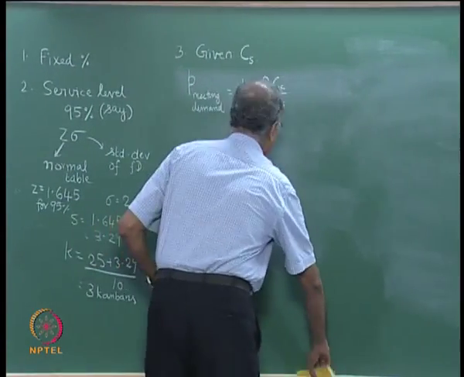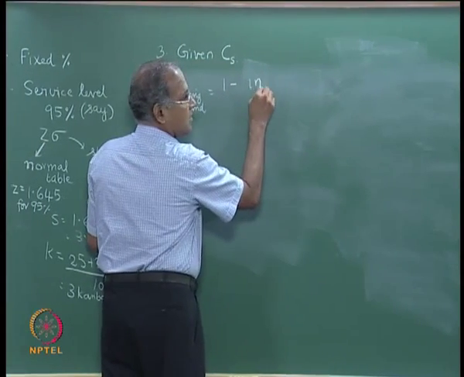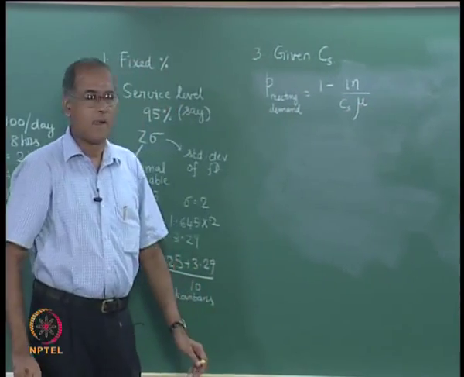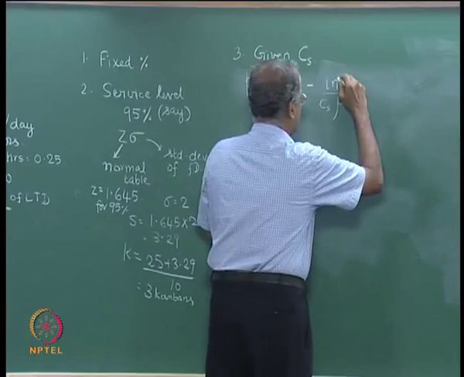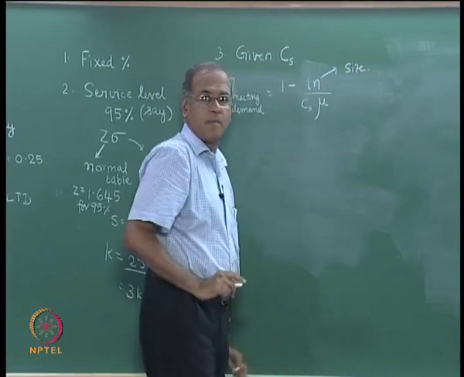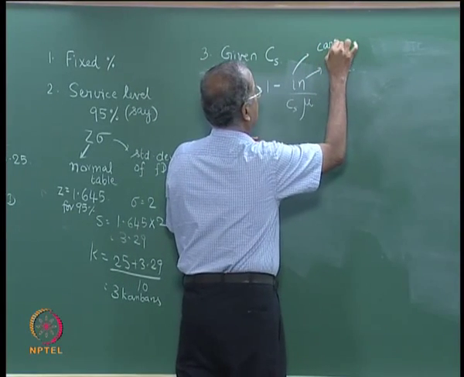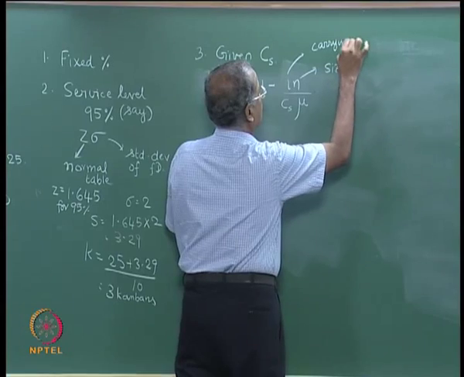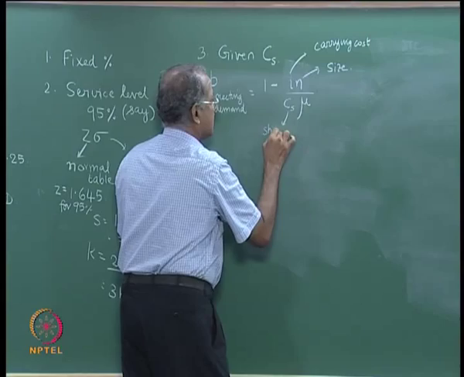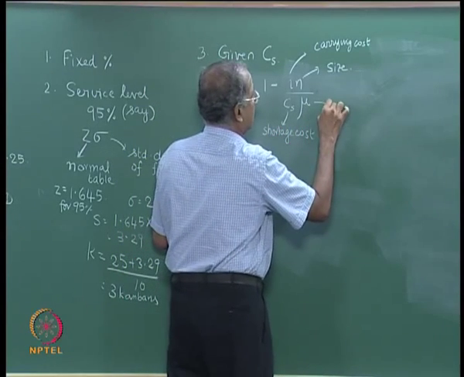So we write this as nI by Cs into mu. Now n represents the Q, so this is the container size, I represents the carrying cost, Cs represents the shortage cost, and mu represents the demand.